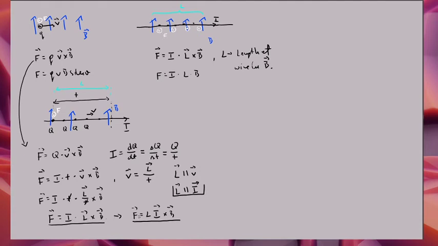Either equation will work. And of course, they both amount to, when it comes to defining the magnitude, F is just ILB. Well, it's really ILB times the sine of the angle theta, where the angle theta would be the angle between the I and B vectors. So I should really add sine to this. And then I have a complete equation here.